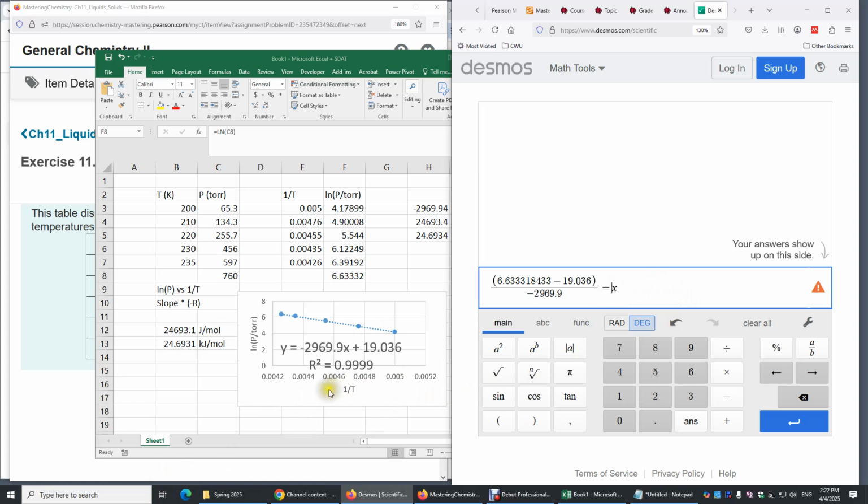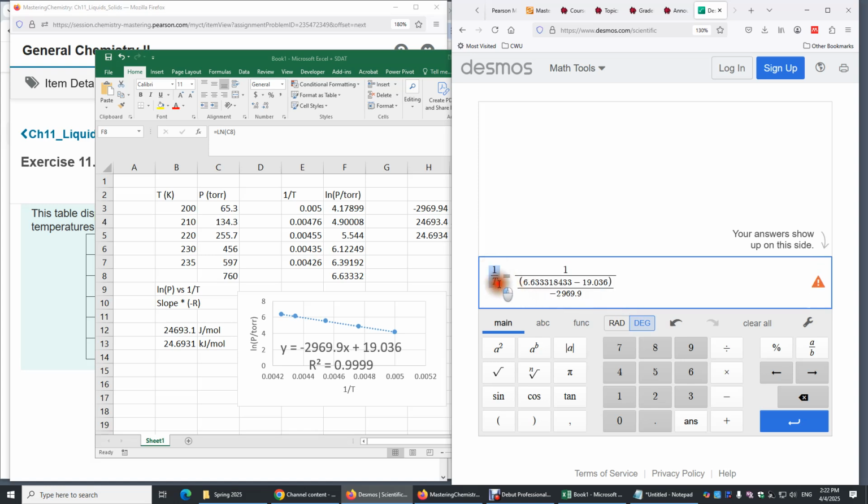And remember, X is 1 over T. So this is 1 over T, is equal to this. Now, what is T? We'll flip this again. Easy way is to do this. This is going to be T. Alright, T is this. 239 Kelvin.